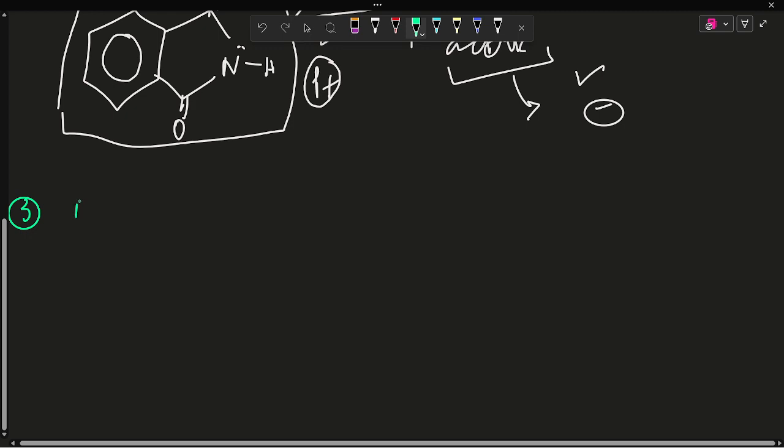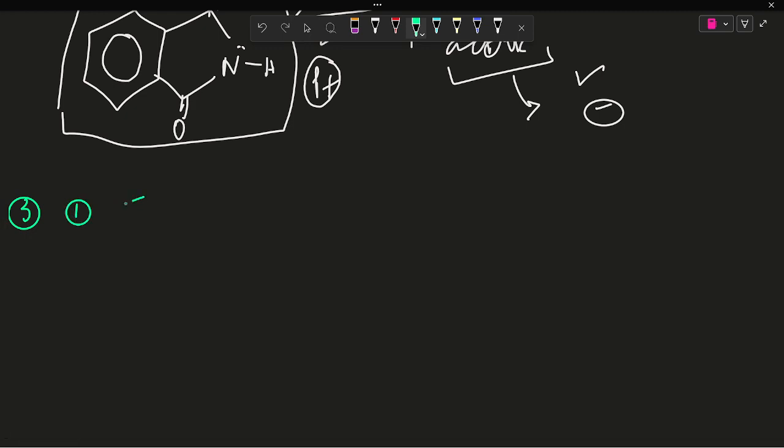The first step is an acid-base reaction involving the phthalimide molecule and KOH.